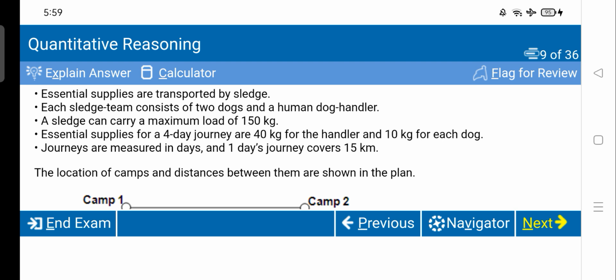A sledge can carry a maximum load of 150 kg. Essential supplies for a 4-day journey are 40 kg for the handler and 10 kg for each dog. Journeys are measured in days, and one day's journey covers 15 km.